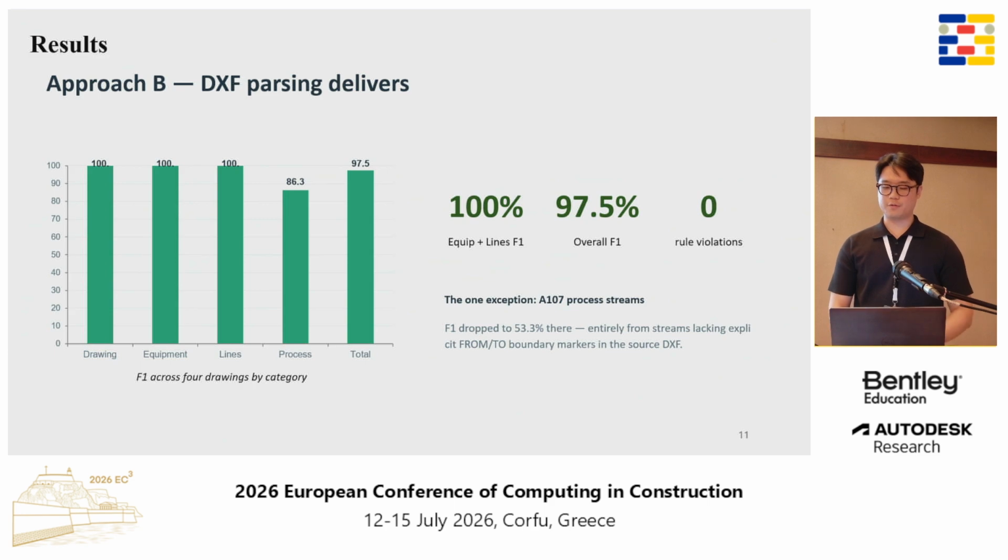There were 13 warnings, but those flagged incomplete source data, such as unregistered material codes, rather than code failures. The one weak spot, A107 process streams, came entirely from streams that lacked explicit from and to boundary markers in the source file, which is a known limitation of text-based spatial matching.